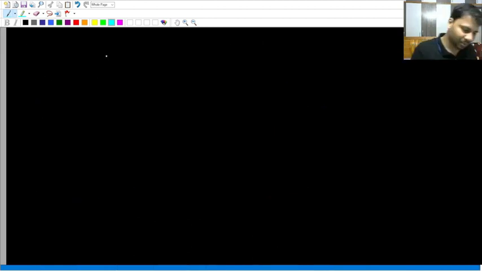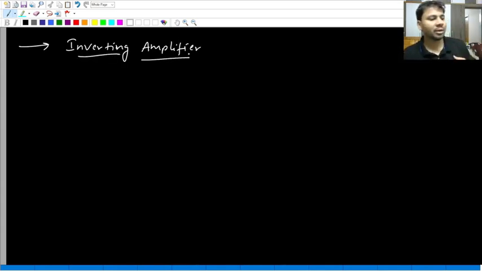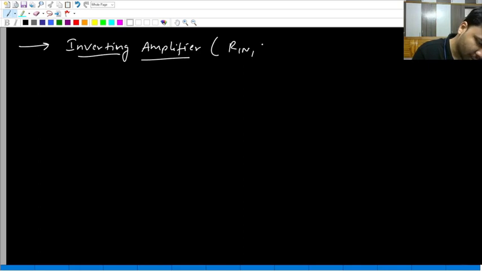Okay. The same way, for the inverting amplifier, let us find the input and the output resistances. So already we know that for the inverting amplifier, the gain is what?